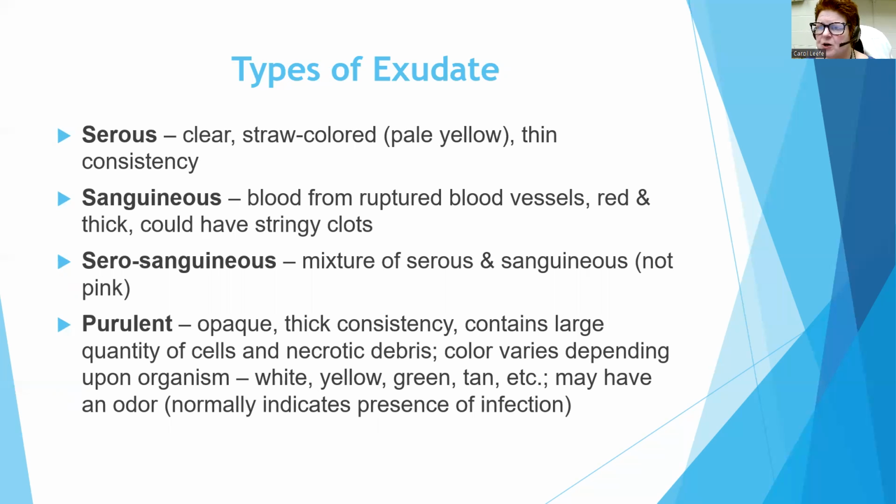Serosanguinous is a mixture of serous and sanguinous. So you're going to have the clear part of the fluid with some blood mixed in there that is bright red and thicker. It's not going to be pink, because that means the red blood cells have lysed, in other words opened up or burst, and that's not good at all.